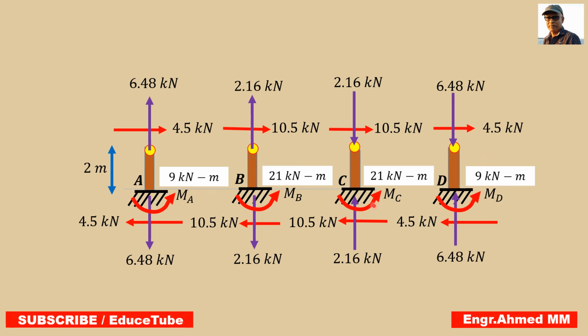So we already got the moments as well as the support reactions, vertical and horizontal forces at these supports, I mean all reactions and moments. So I think that's all for this building frame. So we are done.